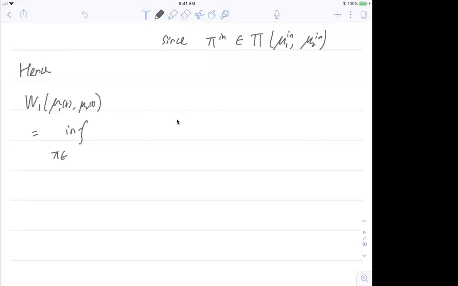We use the duality formulation later when we say W1 distance metrizes convergence. But the proof we have done up to now is actually just the duality formulation of the one Wasserstein distance. It's just put in another nice way.